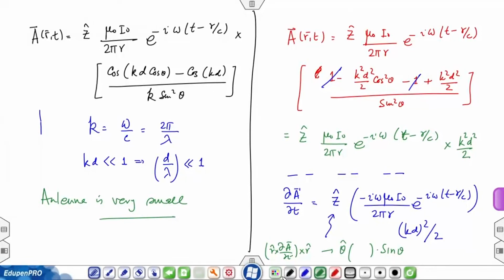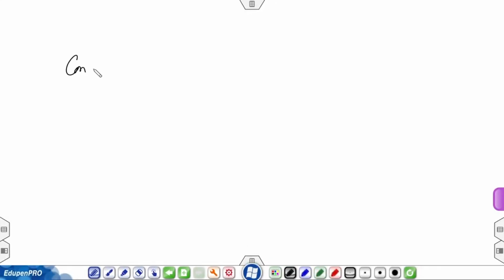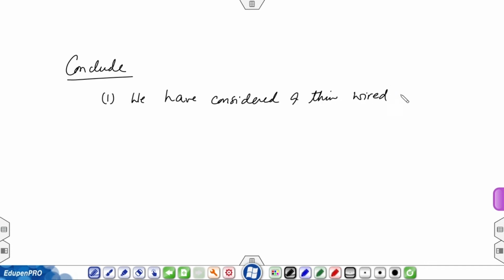So, quickly let me conclude this lecture by saying, number 1, we have considered a thin wire antenna and calculated the vector potential for this.